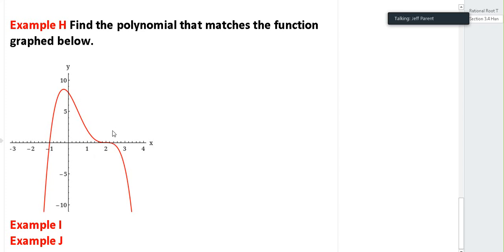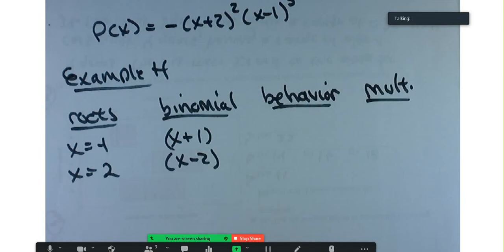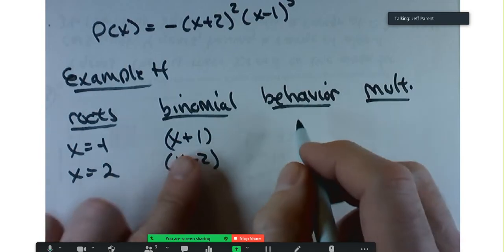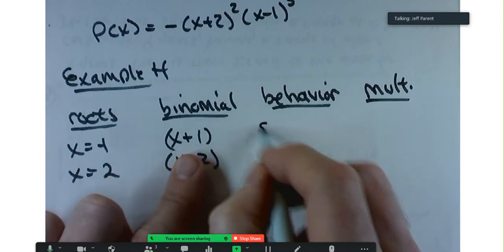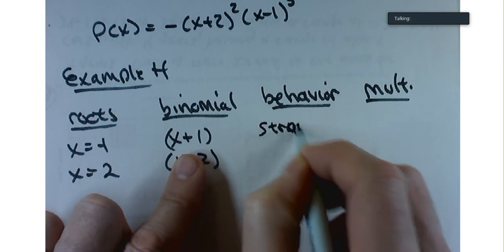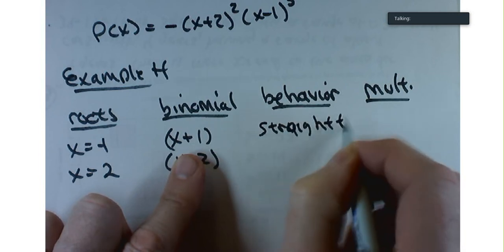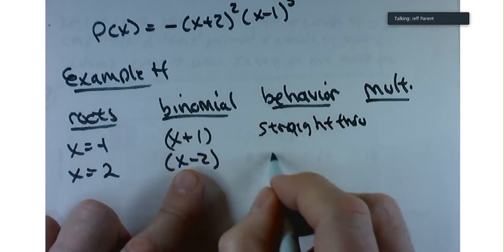Hopefully you can see these by contrast. Straight through just goes right through without pausing. Here it kind of says, well, I'm going to flirt with negative or +2 for a bit and then go through. So it doesn't just zip right across the x-axis. So the behavior is straight through, and this one is a wiggle.